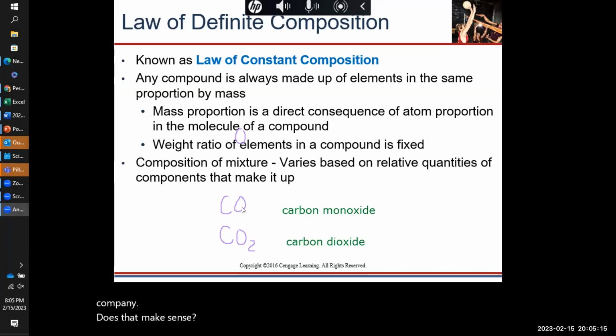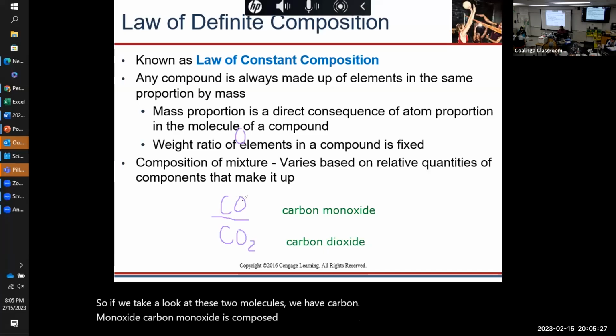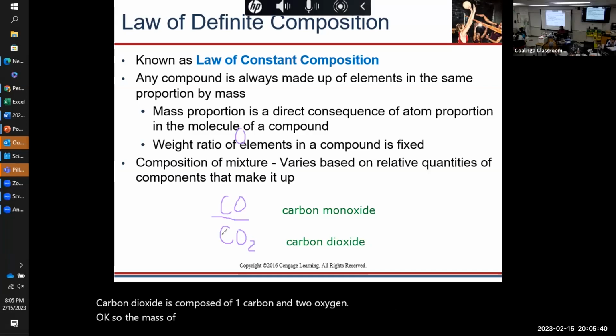No, can you explain that a bit one more time? Sure. So if we take a look at these 2 molecules, we have carbon monoxide. Carbon monoxide is composed of just carbon and 1 oxygen. Carbon dioxide is composed of 1 carbon and 2 oxygen. So the mass of carbon monoxide and carbon dioxide are going to be different, right?